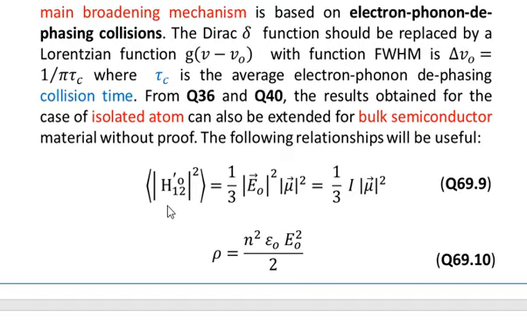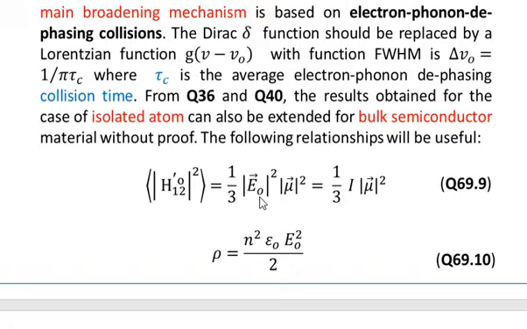that the average value of the absolute square of h prime 1 2 is equal to 1 over 3 times the absolute square of E naught multiplied by the absolute square of mu. This 1 over 3 comes from the average value of the cosine function there.